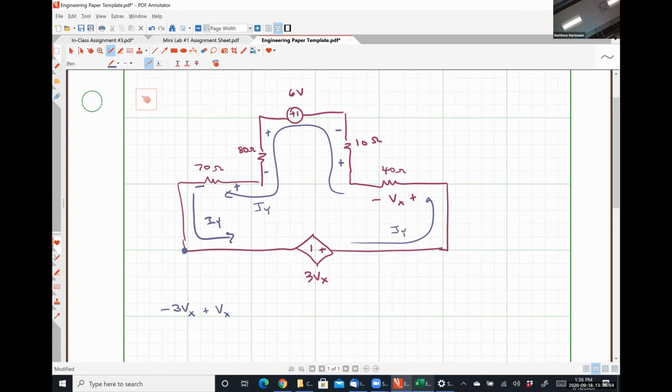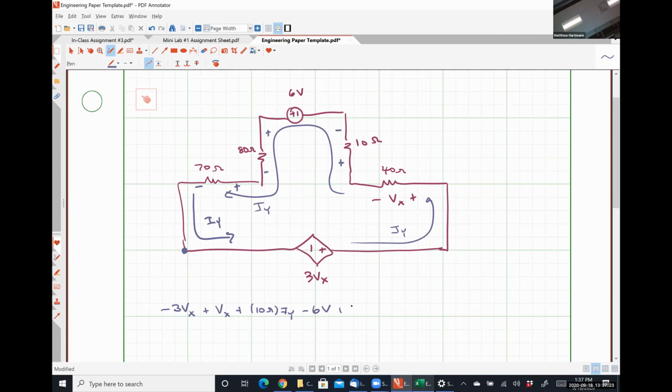Now, for the sake of time, we know using Ohm's law that the voltage drop over the 10 ohm resistor is just going to be the 10 ohm resistor times the current flowing through it, right? So instead of bothering to assign it, say V10, et cetera, I'm just going to call that plus 10 ohms times IY. And then I see minus 6 volts.